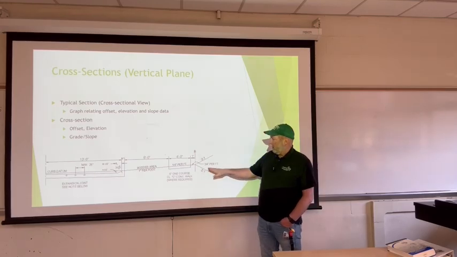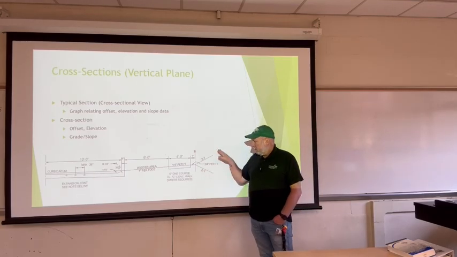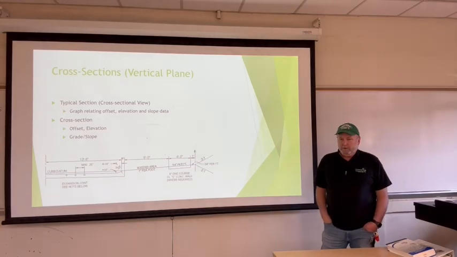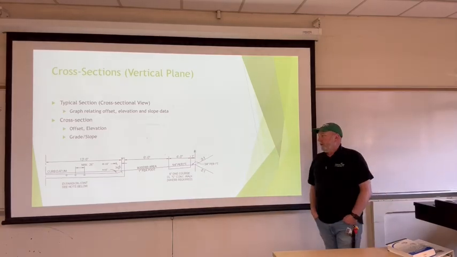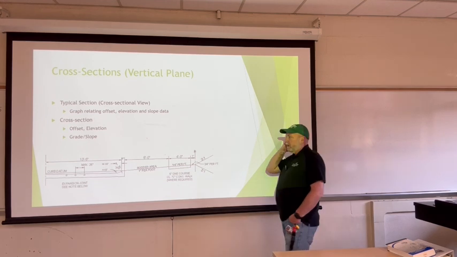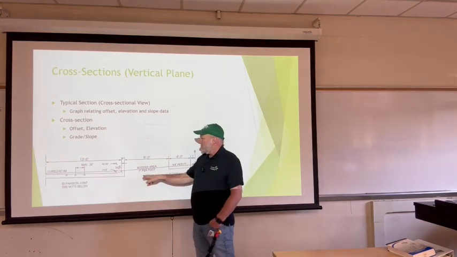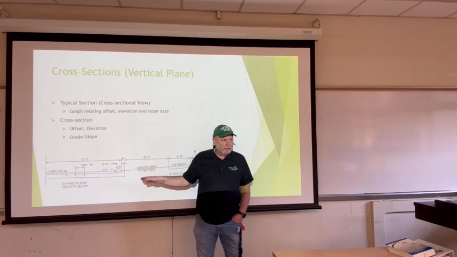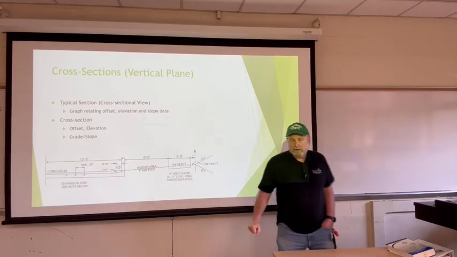And then there's some kind of a slope going out past the right of way, either a cut or fill to meet existing. Sometimes you may see in typical sections that they come off so far, come down and back up for a drainage ditch. That's not too uncommon to see as well.